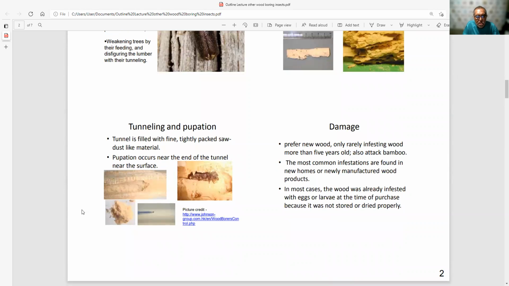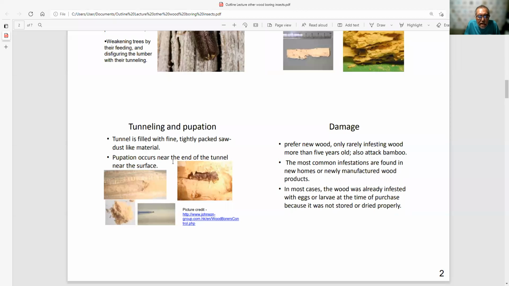Tunneling and pupation. The tunnel is filled with fine, tightly packed sawdust-like material. This is the byproduct. So whatever is being digested is being excreted in the form of dust.